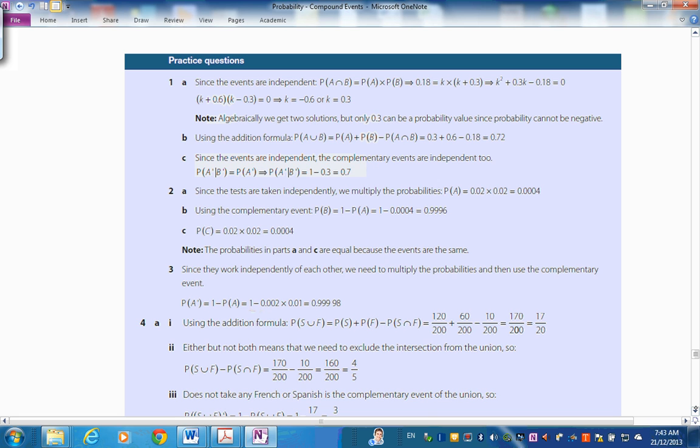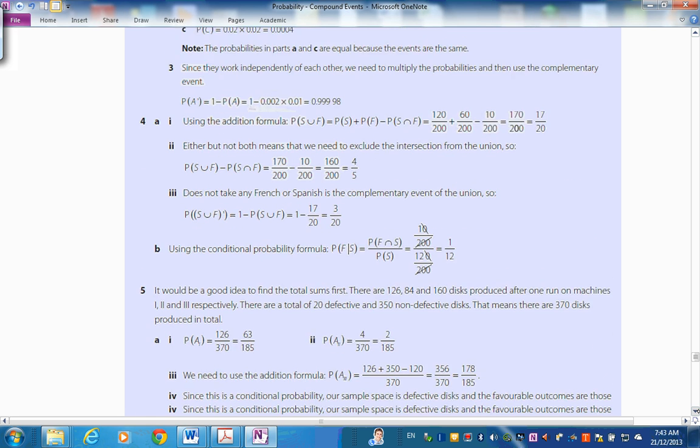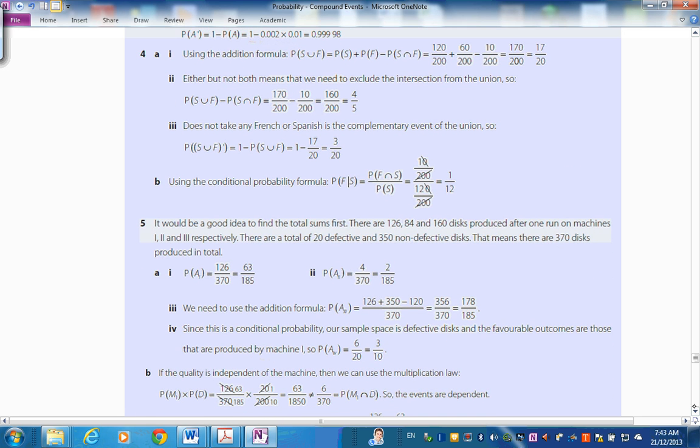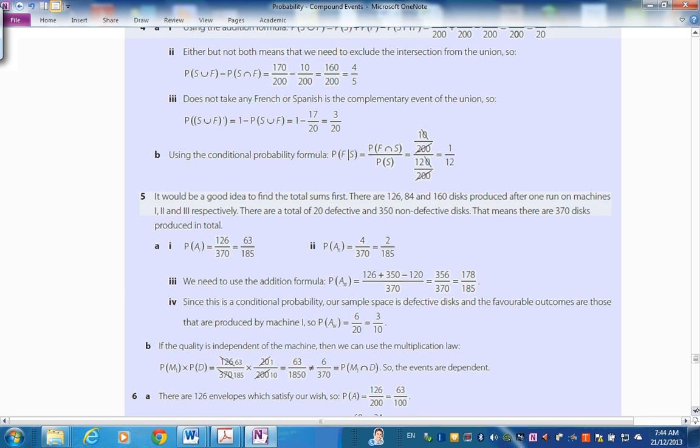Okay, here we are. Question 1, 2 and 3. Go to question 4 and 5. See if we can get it all on. Yes, 4 and 5. Okay, go to question 6.